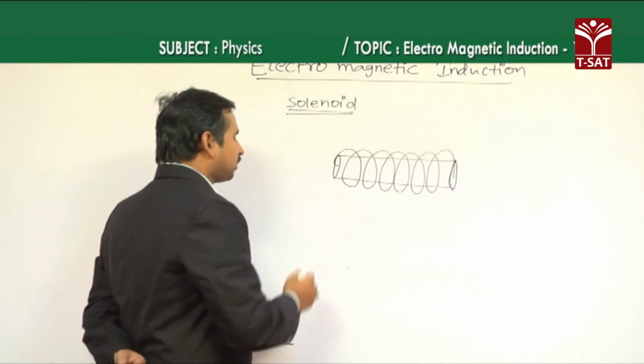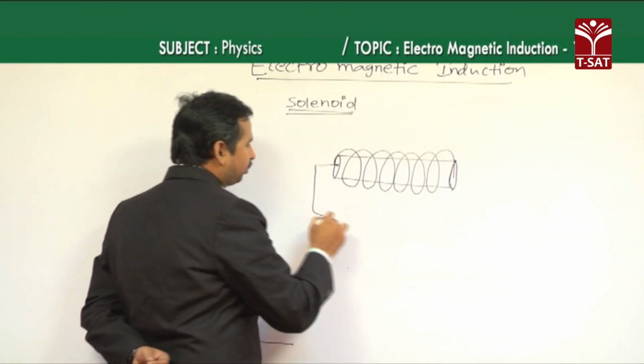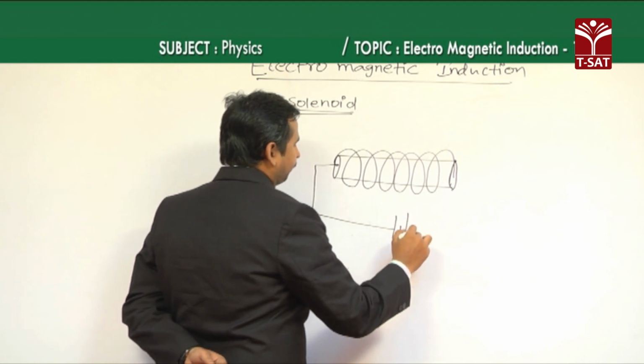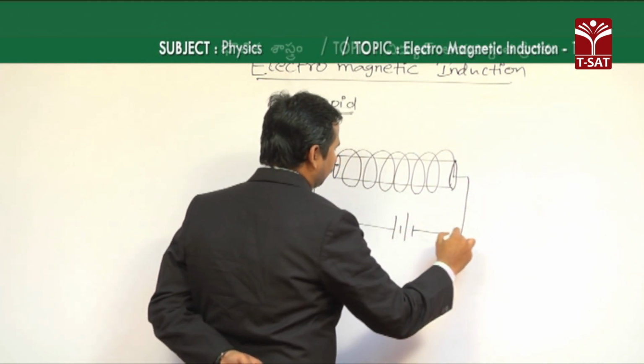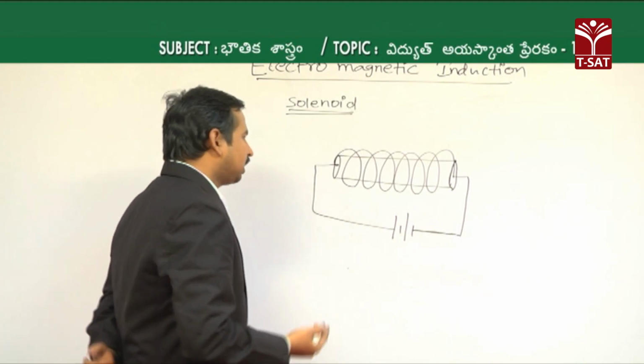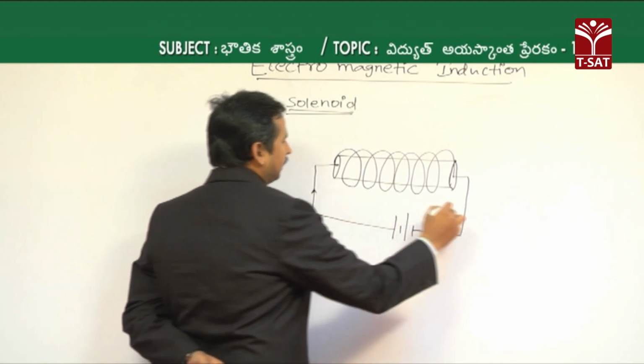Now this copper wire is connected to a battery, and the current flows through the coil like this.